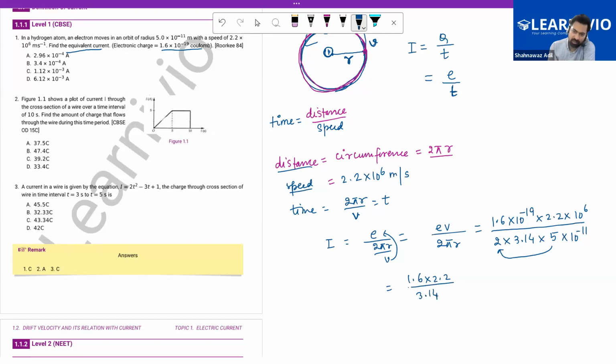So these are the numbers, right? And then we have 10 powers, which is minus 19, then plus 6, then minus 11, and this 5 twos are 10 to the power 1. This adds in here and this becomes 10 to the power minus 10. And then it goes upstairs, it becomes 10 to the power 10. So these would be the powers of 10, right?